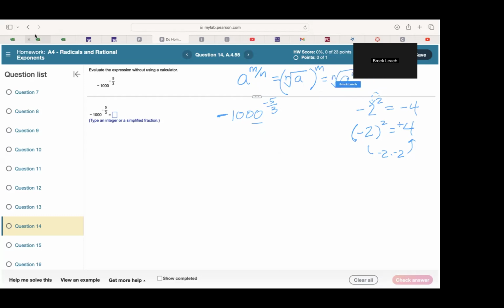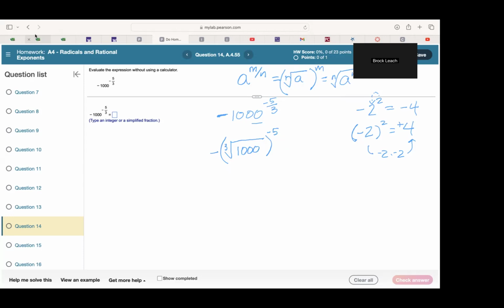It's just about which one you're doing first. To do it in your head, it's usually easier to just do the cube root first. This is going to be the negative cube root, if we were to translate it into radical form, cube root of 1,000 raised to the negative 5th power.